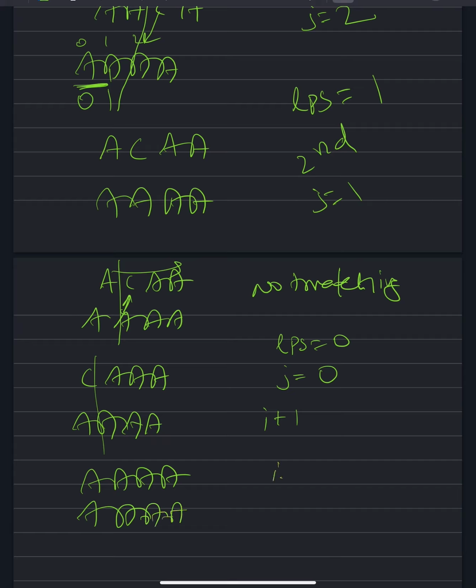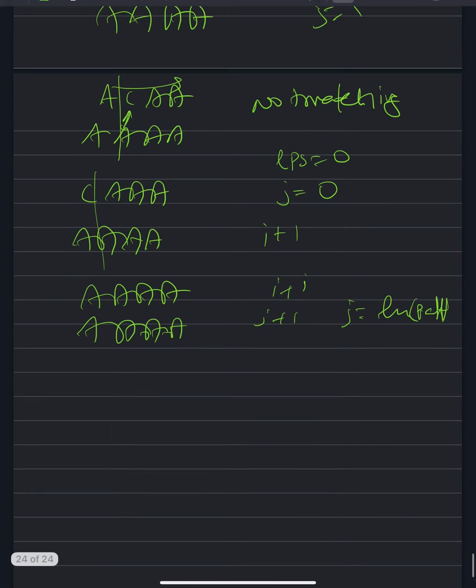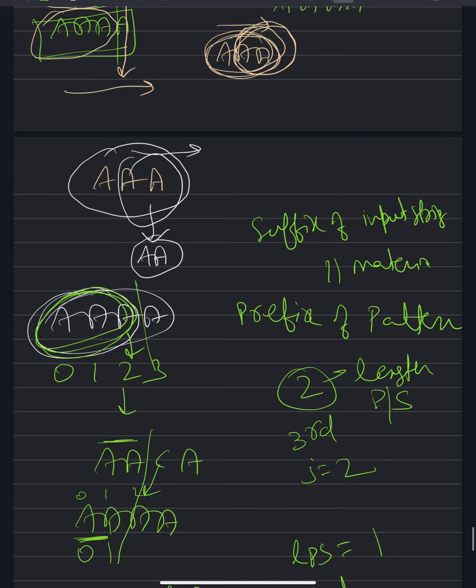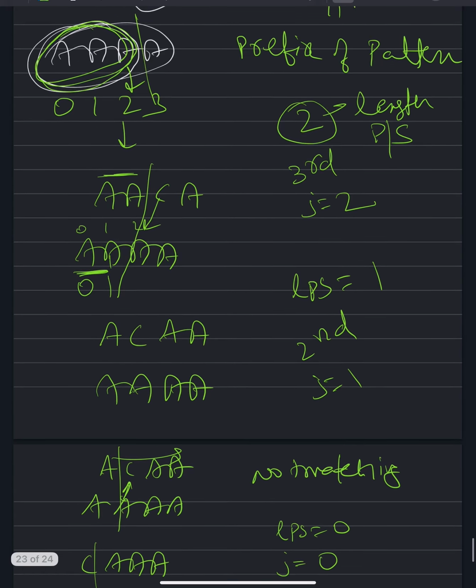So again, we will go the same way, I plus 1. Since it is matching, we will keep on going till it is matching. Since now j equal to the length of the pattern, we have got the solution, and we will store it in an array, in the answer. In the same way, you have got the concept now of what the use of prefix suffix is.